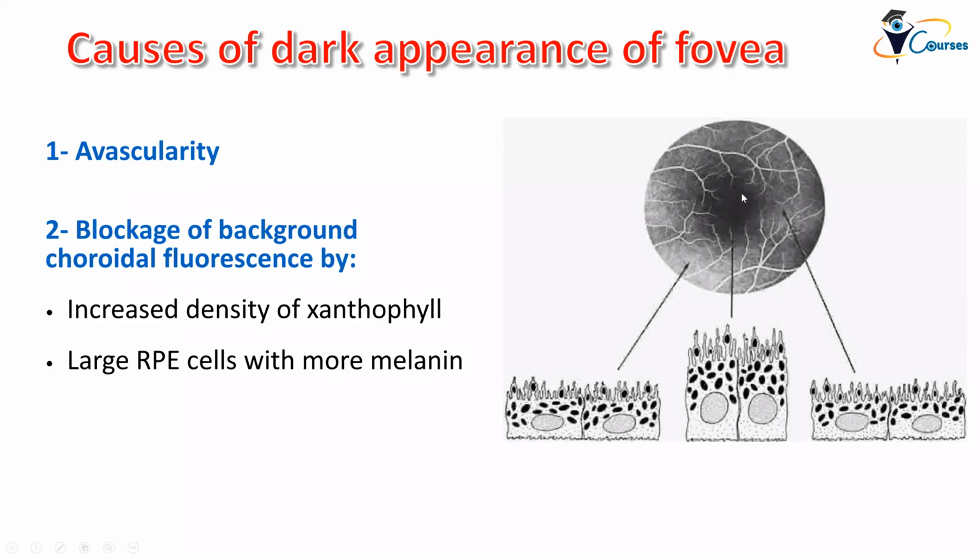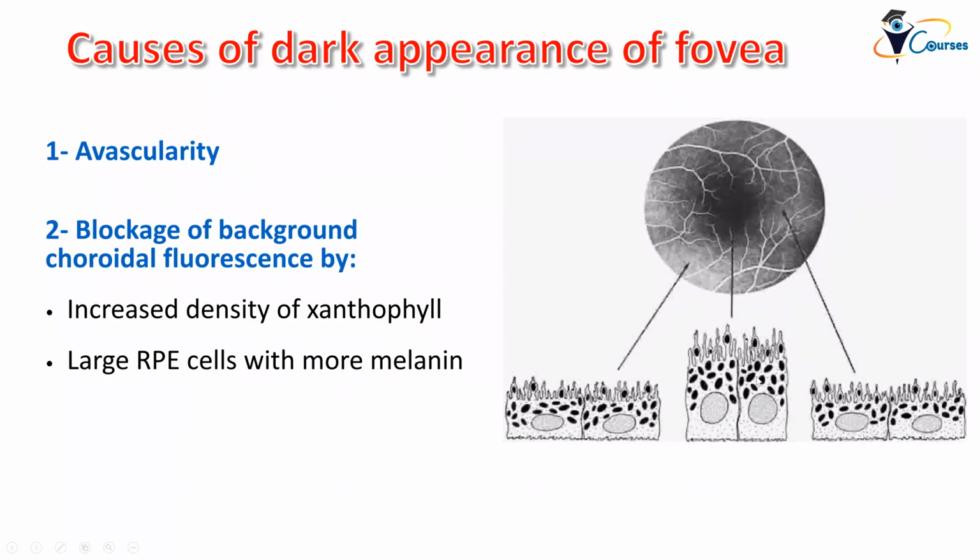If there are no blood vessels, it will look blackish. Okay, so this is one thing. The other thing is that the melanin present in the fovea is more dense, or the retinal pigment epithelium present in the fovea is taller, more densely packed, and has more melanin content.